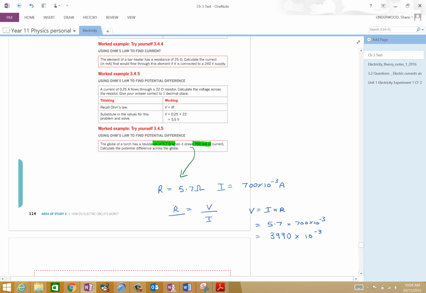That hasn't gone anywhere. What would I do to the decimal point? I've got it here at the moment. What would I do? Chuck it back 1, 2, 3. Okay, beautiful. 1, 2, 3. So I've got 3.99 volts.